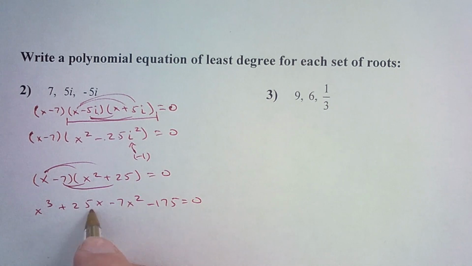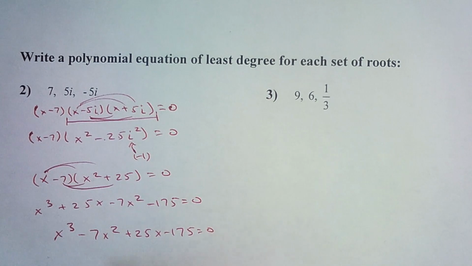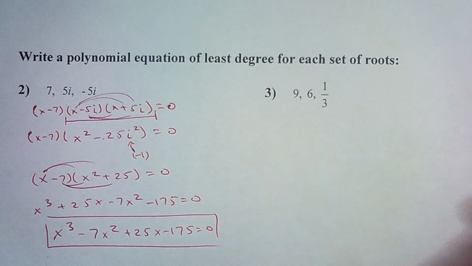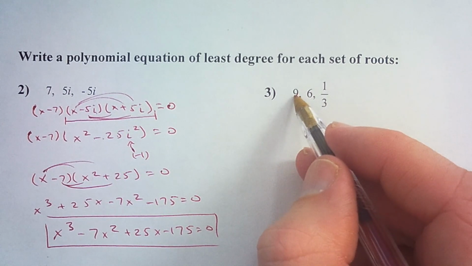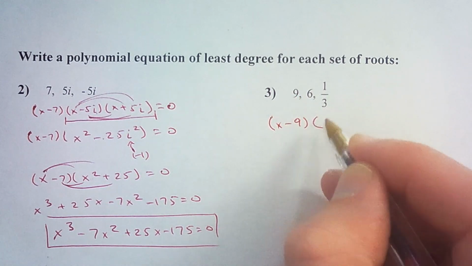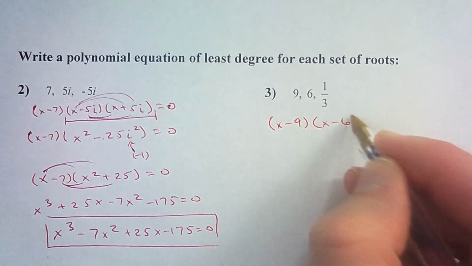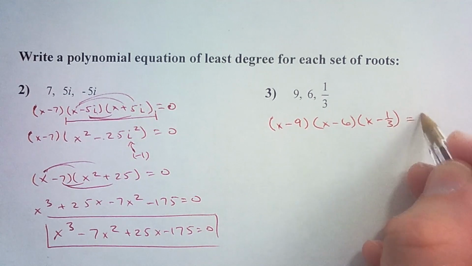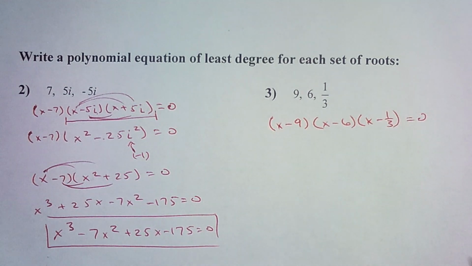Now I really want to change the order so that the powers are in descending order. So x cubed minus 7x squared plus 25x minus 175 equals 0. Now, if 9 is a root for this equation, then one of the factors is x minus 9, one factor is x minus 6, and the other factor is x minus 1/3 when set equal to 0.